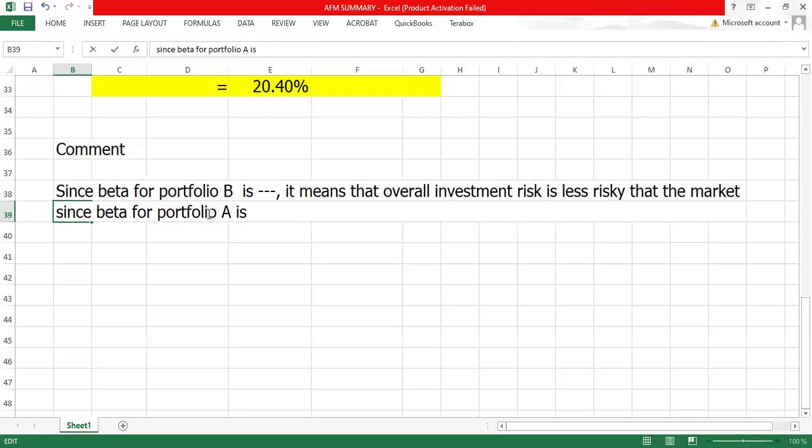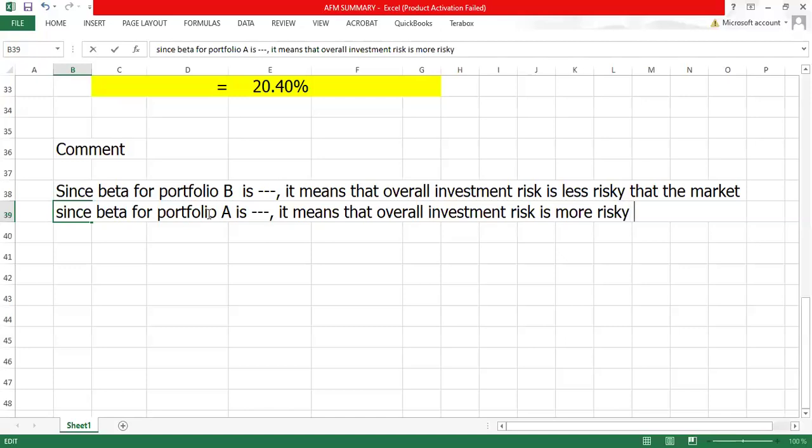Since the beta of portfolio A was above 1, it means that the overall investment risk is more risky than the market.